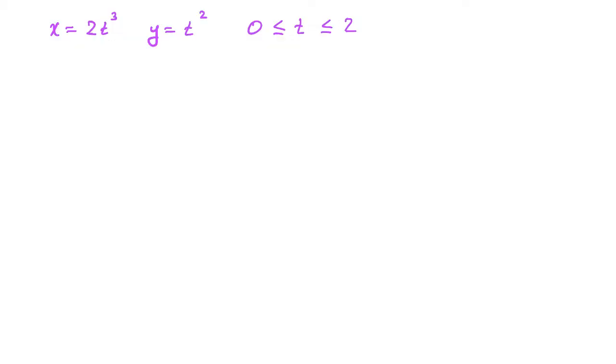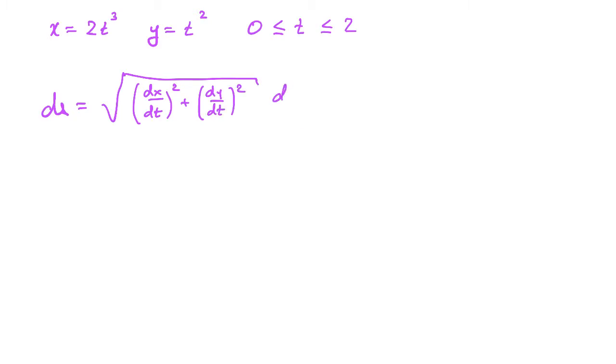So for a curve given by x is equal to 2t cubed, y is equal to t squared, remember that our arc length form is going to be given by the square root of the square of dx dt plus the square of dy dt, and that's times dt.